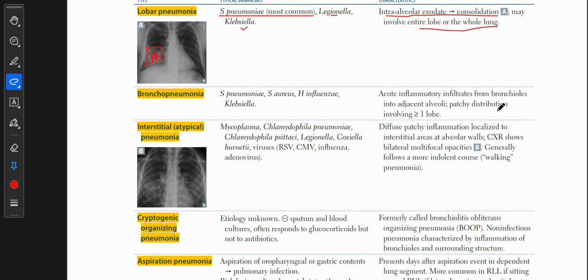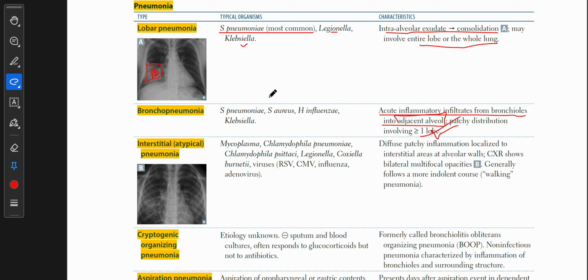And in bronchopneumonia, acute inflammatory infiltrates spread from bronchioles into adjacent alveoli. So there is patchy distribution involving more than one lobe. There is no single specific lobe affected because it is diffuse, and it can occur due to Streptococcus pneumoniae, Staphylococcus aureus, Haemophilus influenzae, or also Klebsiella.